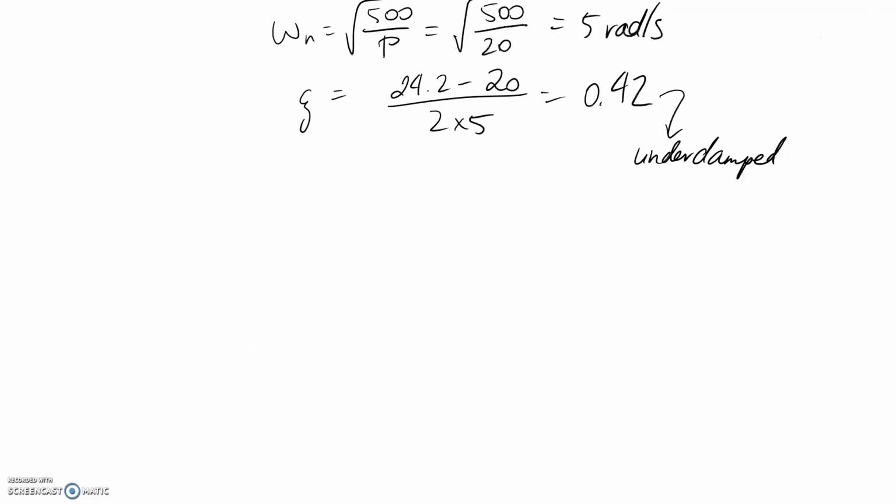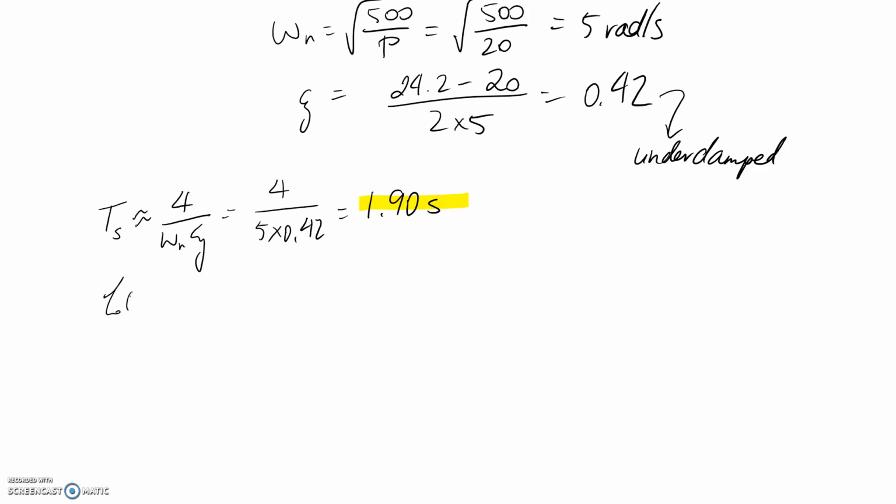So let's start with the settling time. The equation for an underdamped second order system is an approximate equation, so let me put in the approximate signs. 4 on omega n zeta, so we can pop that in. And it comes out to about 1.9 seconds.